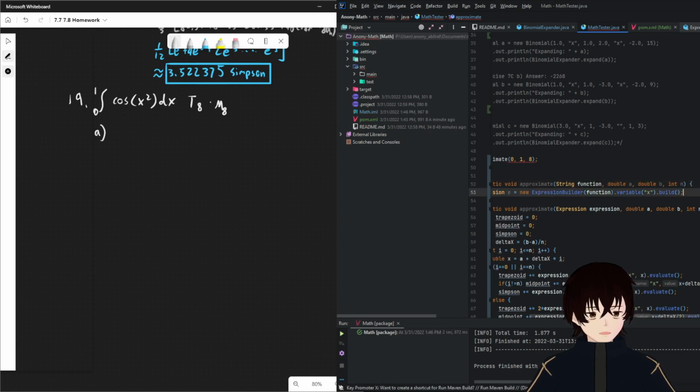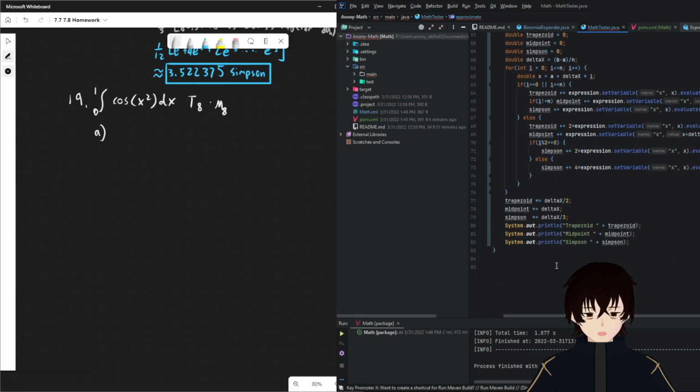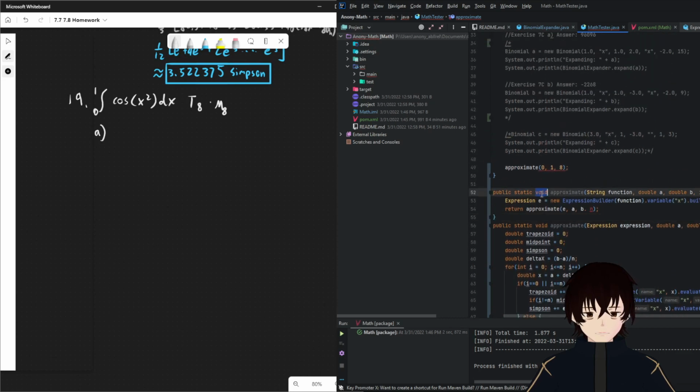And we're not going to say variable. Return approximate E A B N. Cannot resolve symbol in. Oh. Hang on. Oh, yes. Problem here.